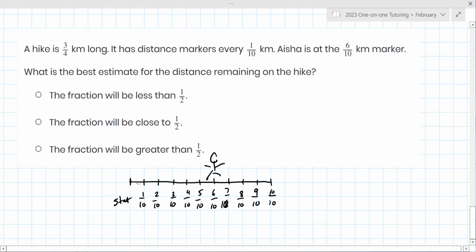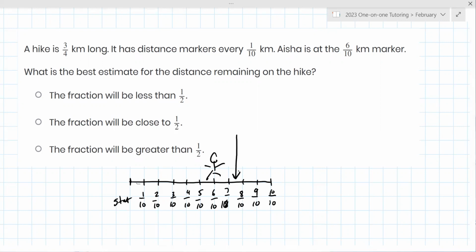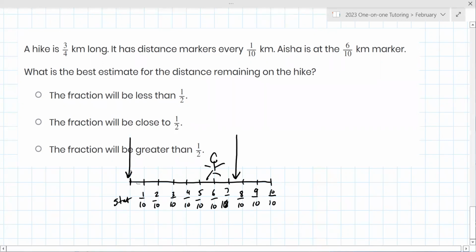Now the hike is 3/4 kilometers long. So 3/4 is kind of right there. You just have to take my word for it. So has she done, and she started here.